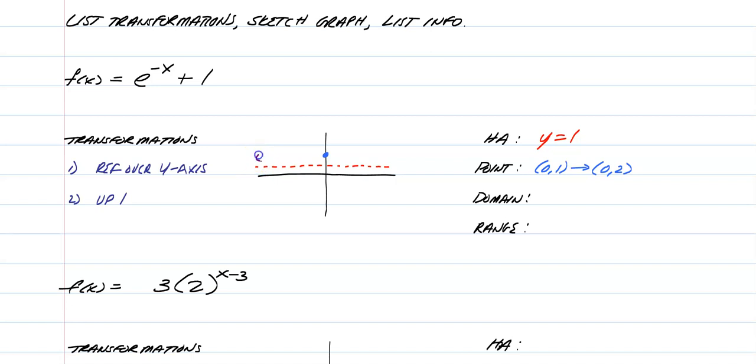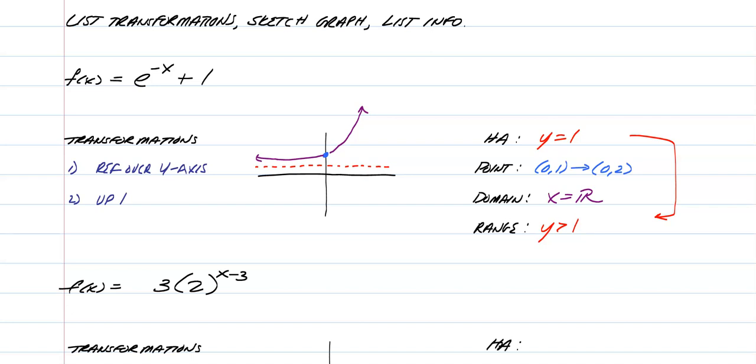So the graph is now going to look like this. And our domain and range are going to be very similar. Your domain is going to be x is equal to all real numbers. But your range is going to follow your horizontal asymptote. So it's going to be y is greater than 1 now because we shifted that horizontal asymptote up. Okay? And that's it. It's really not too bad.